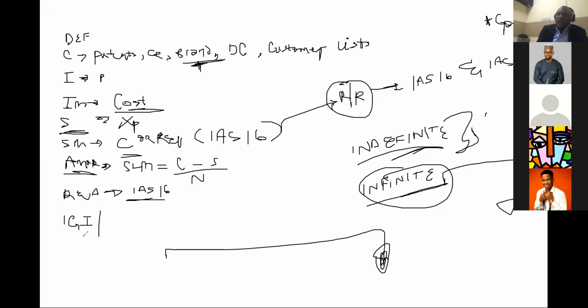We can't touch them, we can't see them, but they are items of value. Where you have an internally generated intangible, IAS 38 says that all costs incurred in producing them should be expensed. All of them should be expensed.